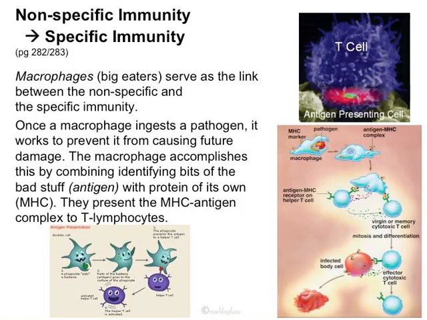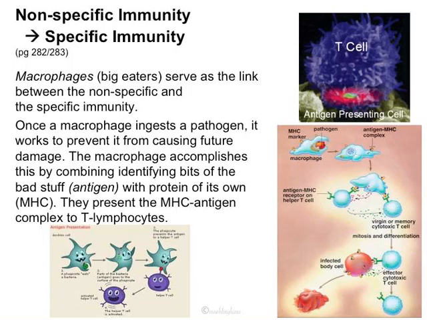But then what the macrophage does, it combines the identifying bits of bad stuff, the antigen. We talked about that in the bloods. The antigen is the thing that you see, or that is a shape that is recognizable as an individual bad thing. And then it combines that with a protein of its own self, and that's the major histocompatibility complex.